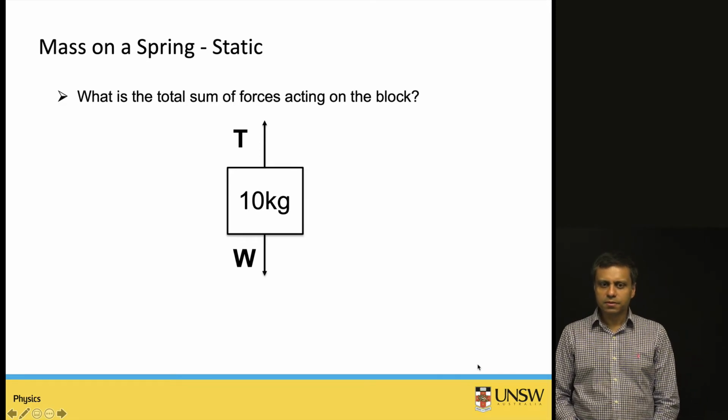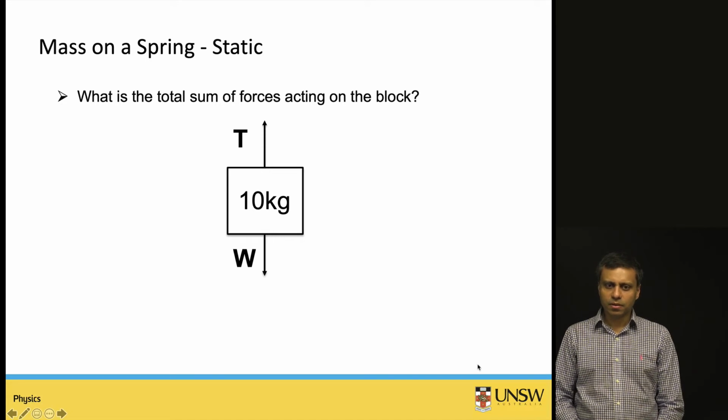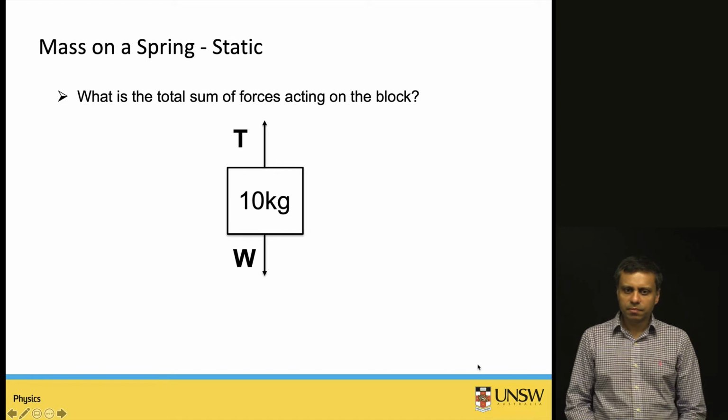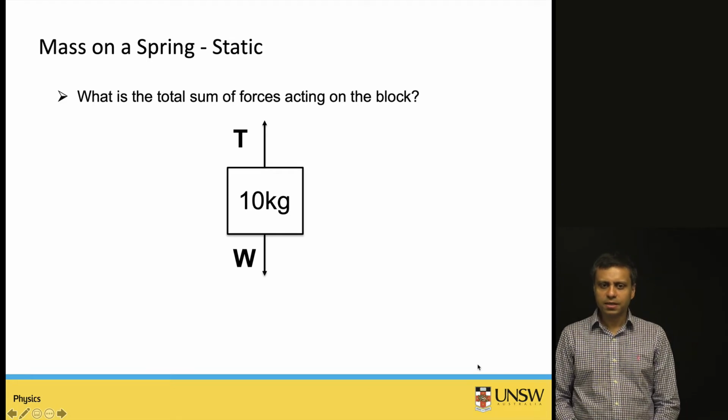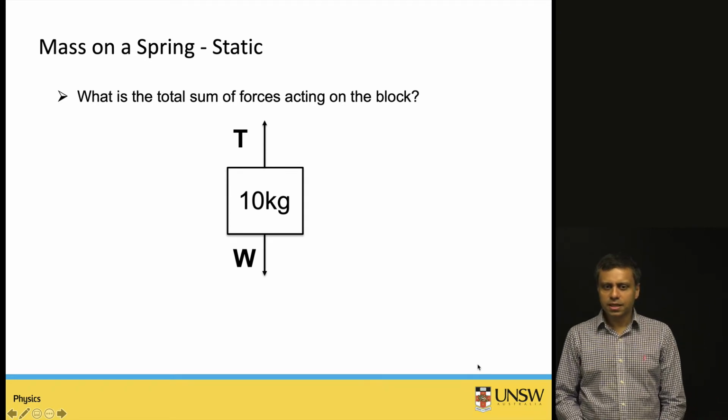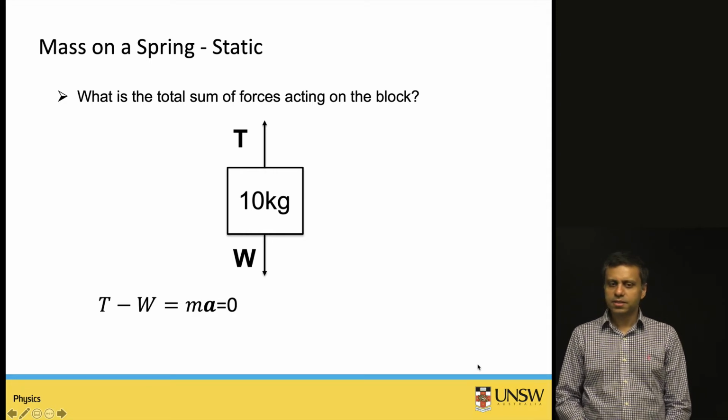there is a tension force pulling, this is the force that the spring is applying on the block. And then because the block is suspended vertically, its weight is also acting downwards. So the tension and the weight are acting in opposite directions. So the weight we can easily find because we are given the mass of the block and weight is just mg.